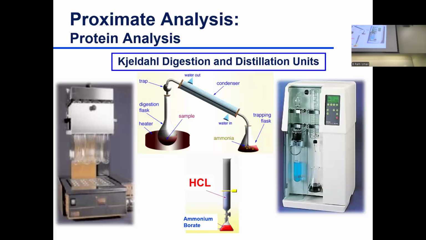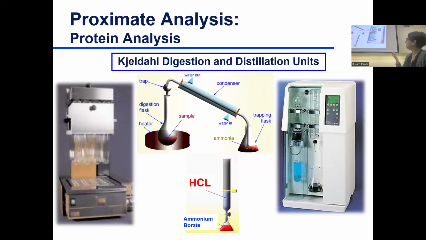What remains after digestion, you have the acid, you have the ammonium sulfate, and the residual catalyst. You take that out, you cool, you add water, and then that part now gets to be on the distillation unit. So in the distillation unit, you have steam generated for heat.